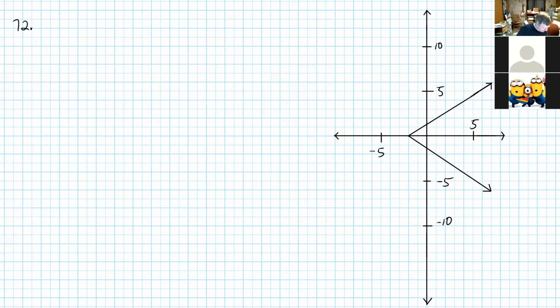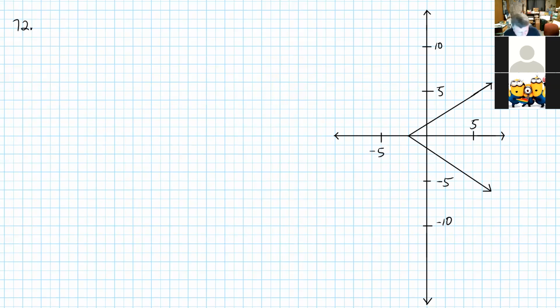All right, let's see, 72. I gotta look back and see what the instructions were. Hang on. Determine whether each graph is the graph of a function. If it is not, find two ordered pairs where more than one value of y corresponds to a single value of x.